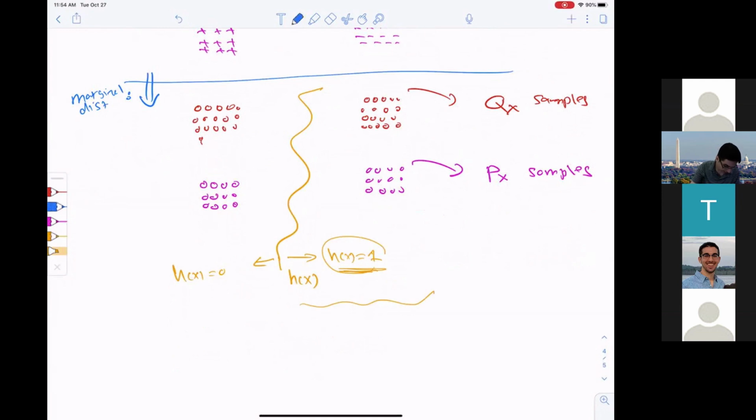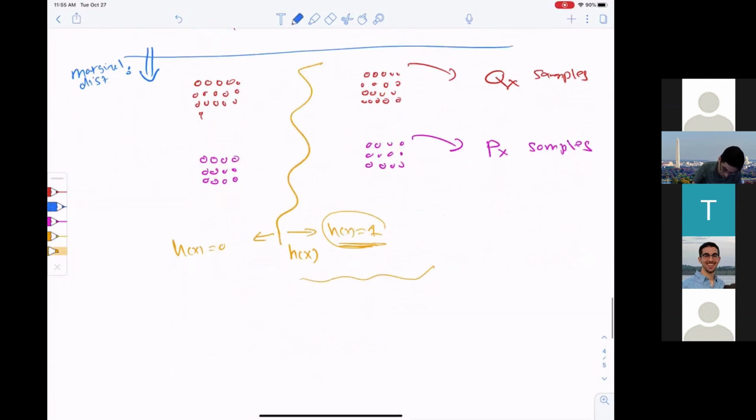So I look at the probability of, let's say, h(x) is 1 if x is coming from my source, and I look at the probability of h(x) to be equal to 1 if x comes from the target. Okay, so this is source, this is target.